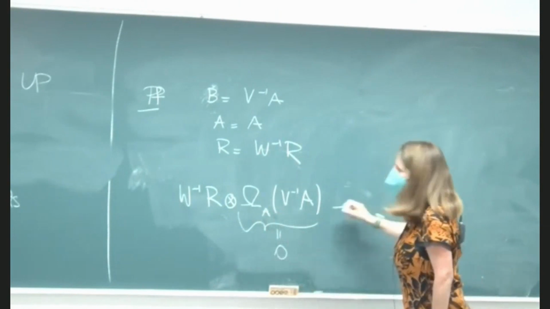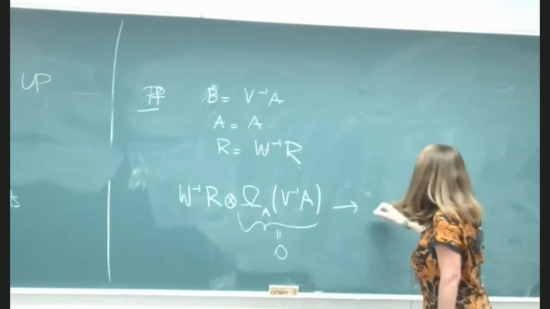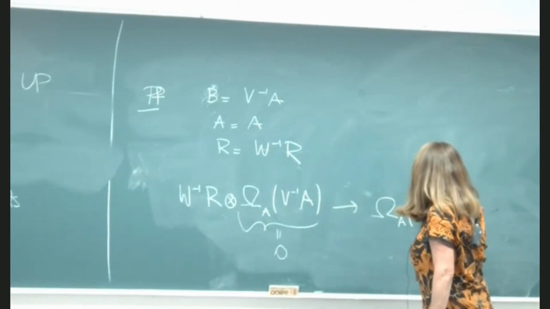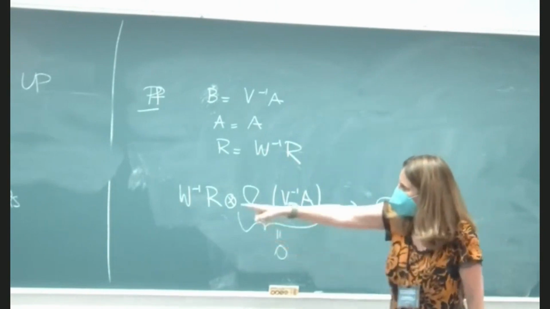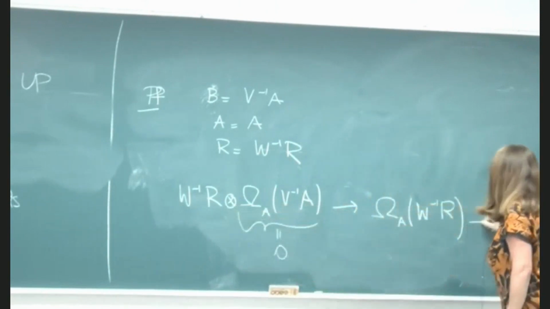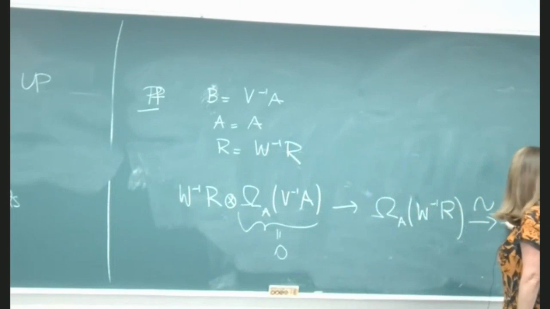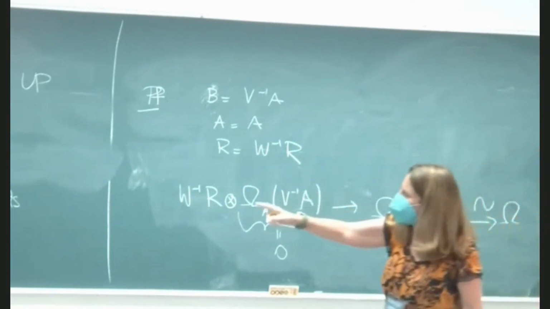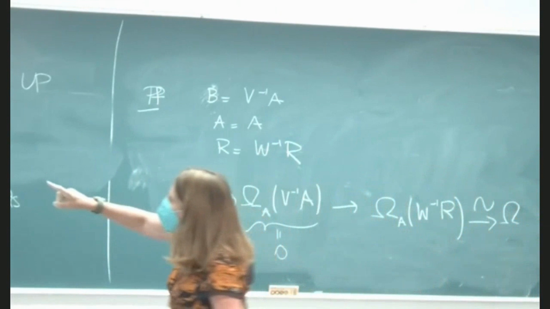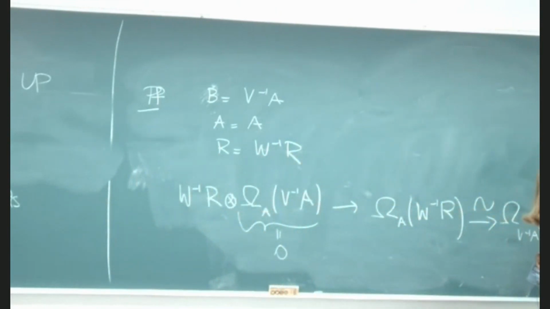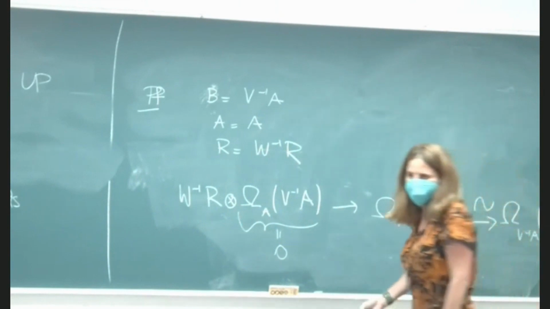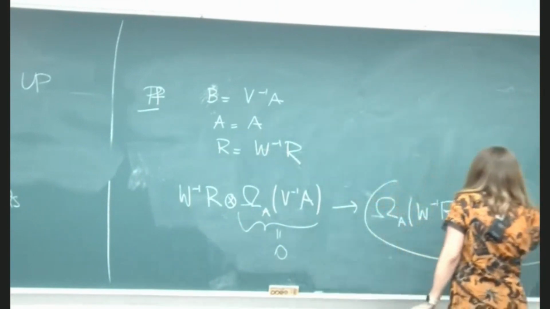And now that tells you that the next ones are isomorphic, this is W inverse of R, which is exactly the guy in the middle, is isomorphic then to the last one, which is Omega over B of R. So which is V inverse of A, W inverse of R, which is exactly what we want to prove. So these are isomorphic.